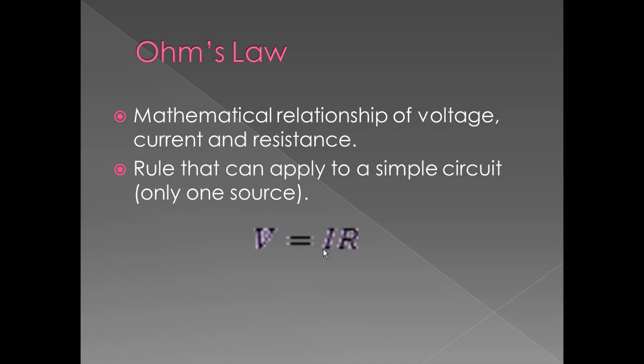This means that the greater the voltage provided by the power source, the greater the current that would be delivered through the circuit. Now, the purpose of the resistance is to oppose the current. So between R and I, the relationship is inversely proportional. The greater the resistance, the lesser the current that will be delivered through the circuit.